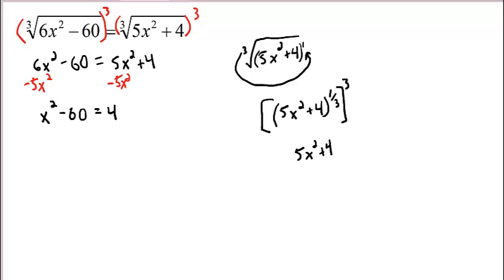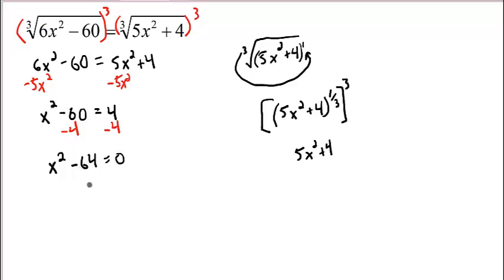And then you'll see it's an x squared, and I'm thinking maybe we could do the difference of two squares here. So let's go ahead and subtract this 4 from both sides. So then I have x squared minus 64 equals 0, because negative 60 minus 4 is negative 64.